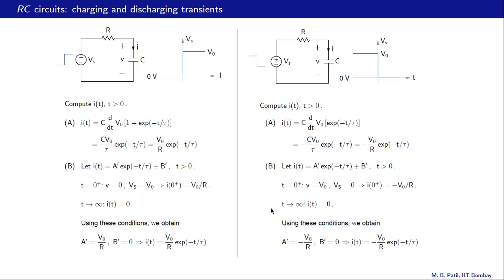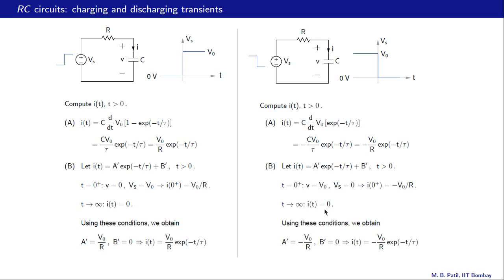Next, let us consider t equal to infinity. What is the situation as t tends to infinity? We have steady state. All currents and voltages in the circuit have become constant. Therefore, this voltage has also become constant, and I, which is C dV/dt, is 0. So for t equal to infinity, we have I equal to 0.